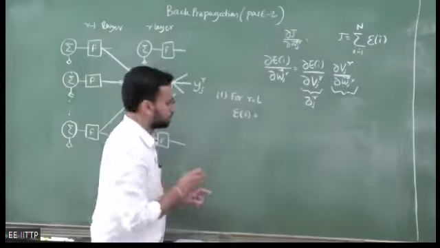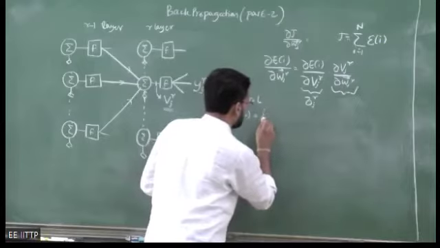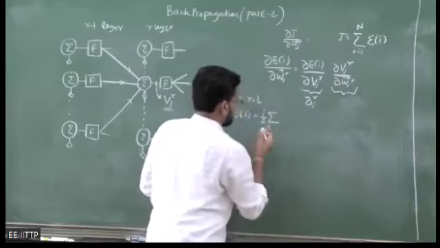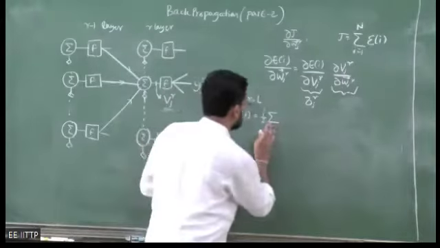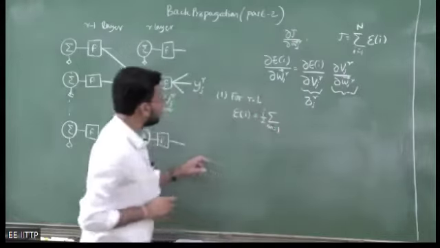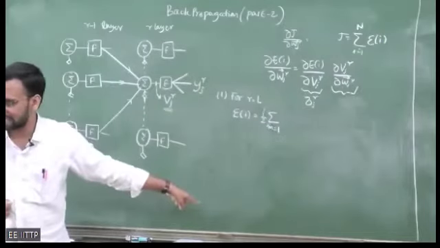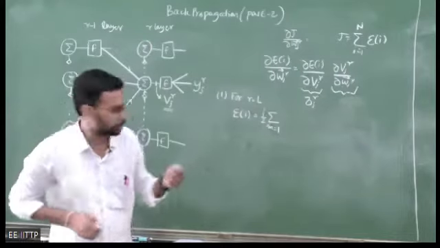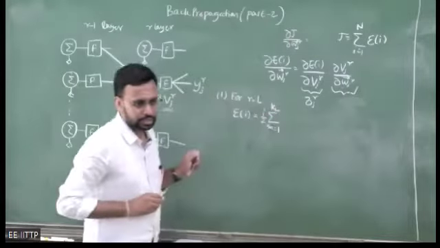This we have done. 1 by 2 times summation. How are we writing E of I? Let's say I could write it as M equal to 1 to, see, to calculate error, how many neurons are there in the last layer? KL. I need to go through each neuron there for all layers, correct?